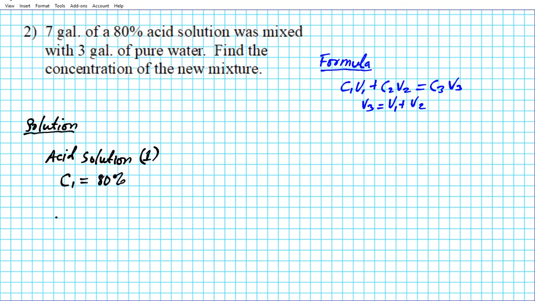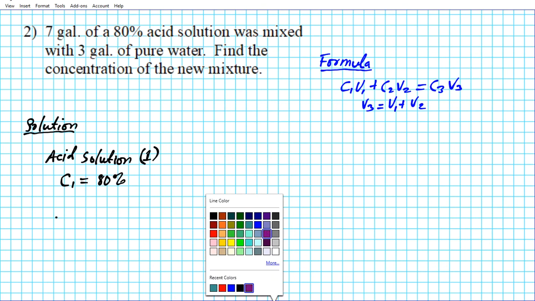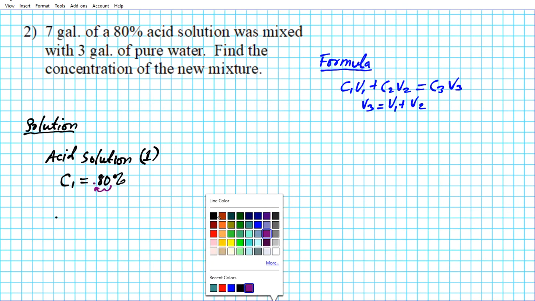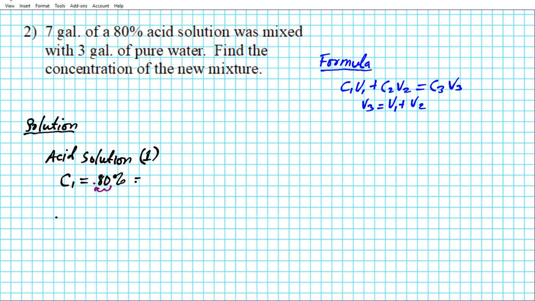So we convert that into decimal by moving the decimal point 2 places to the left, 1, 2. And 80% is equivalent to 0.8. Now, what's the volume of the acid solution? V1. The volume of the acid solution is 7 gallons.